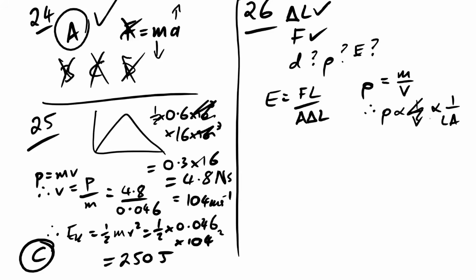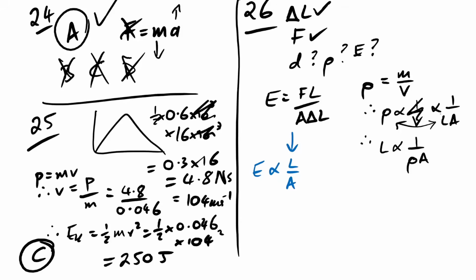So therefore, swapping length and density, we can say that length is proportional to 1 over density times area. This is not an easy question, this one. So we can then pop that in. We know that if F and delta L are staying the same, that means that Young modulus is proportional to L over A. Oh, we've already done it.